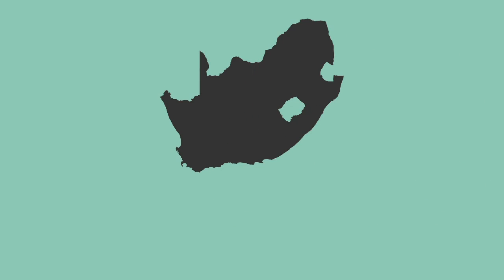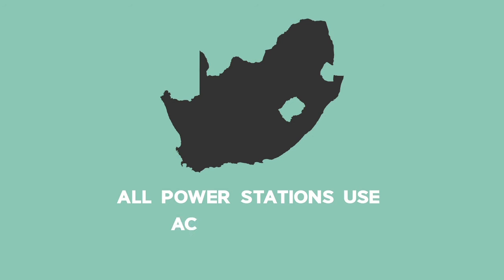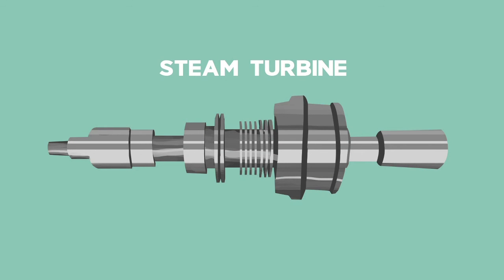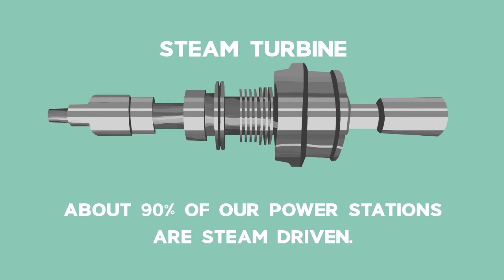In South Africa, all of the power stations use AC generators. Steam turbines are used at the power station to provide the mechanical energy needed to drive the generators. About 90% of our power stations are steam-driven.